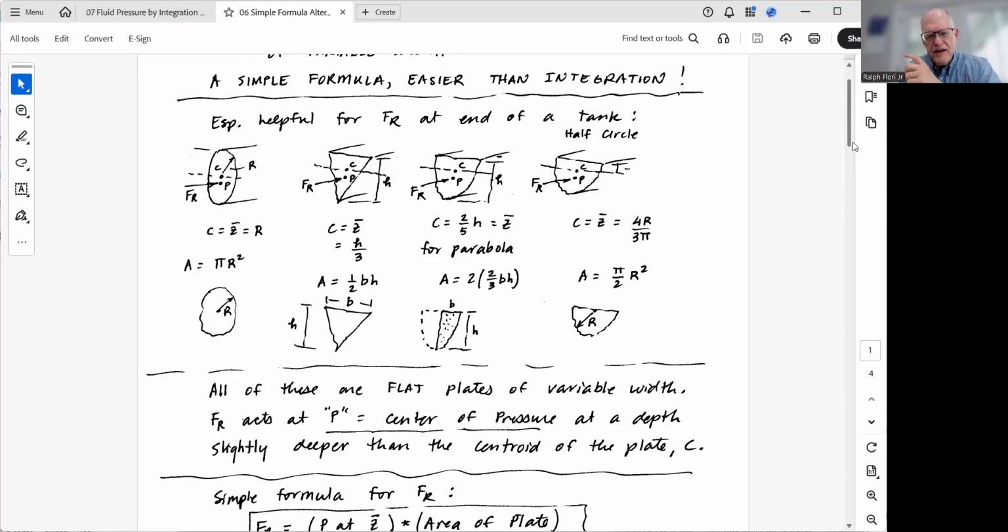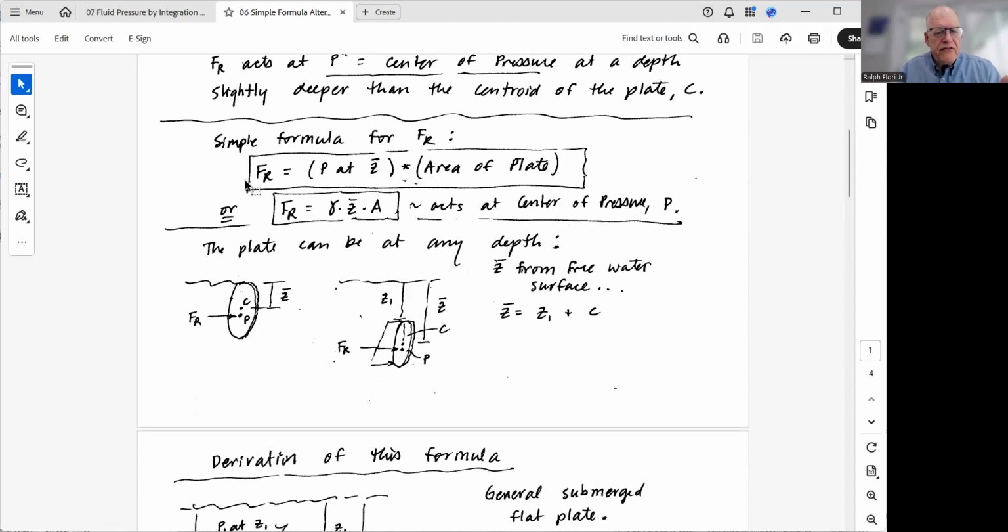It acts below it at some P. That's the limitation of this method: it doesn't give you the location of FR. It gives you the value of FR, and of course, that formula is easy. It's easier than integration. But to find the location of FR, integration is really the only way to do it. If all you want is the value of FR, this is obviously way easier than integration.